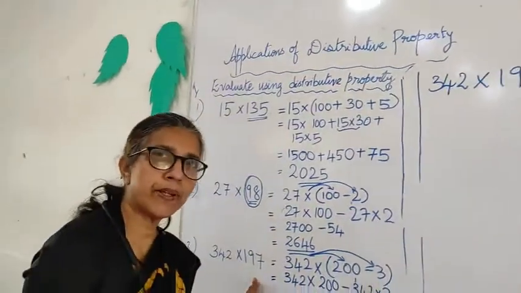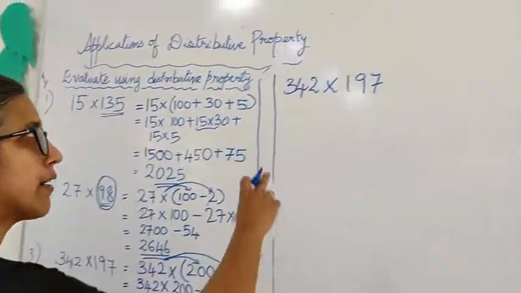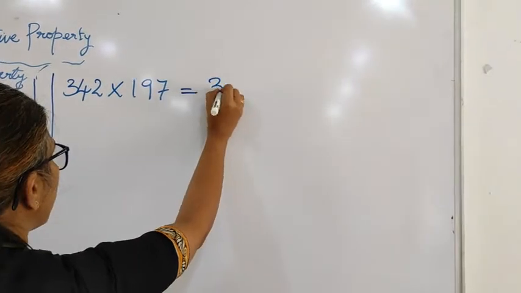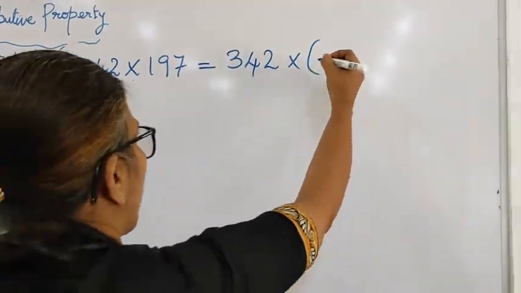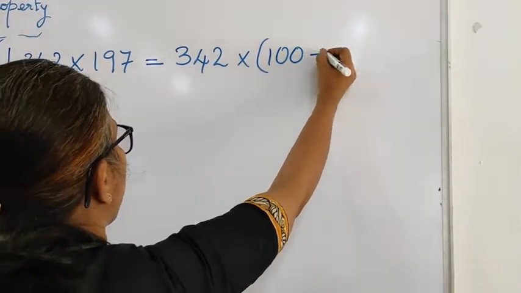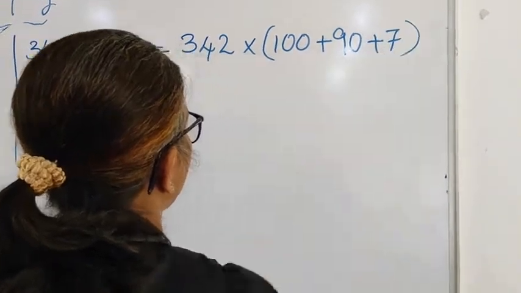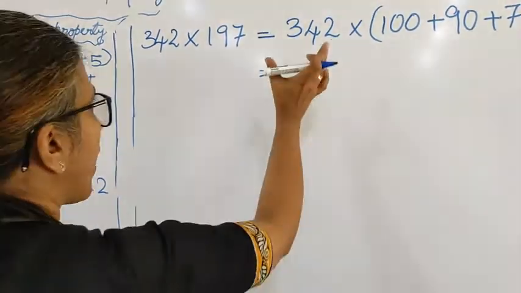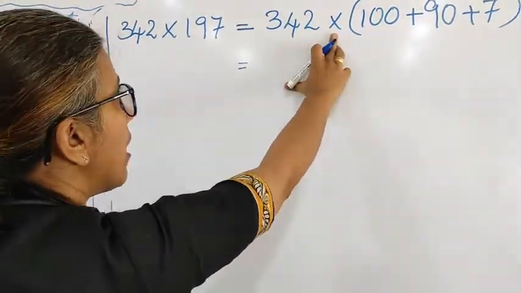Now what will happen if I expand it? Let us see. 342 into 197, and I am expanding 342 into, when I expand 197, it is 100 plus 90 plus 7, which is equal to, I have to distribute 342, and the operator I have to distribute is multiplication.